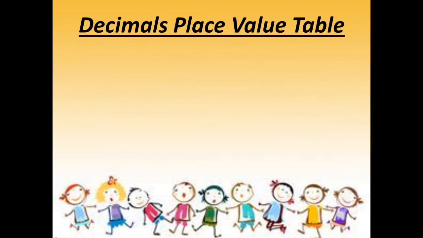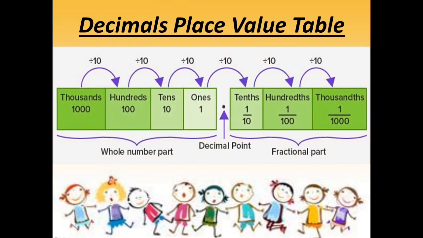Next is decimals place value table, and a decimal place value table helps to find the place value of the digits in a decimal number. Now students, here one table is shown, and in this table whole number part is written to the LHS of the decimal point, and fractional part is written to the RHS of the decimal point.